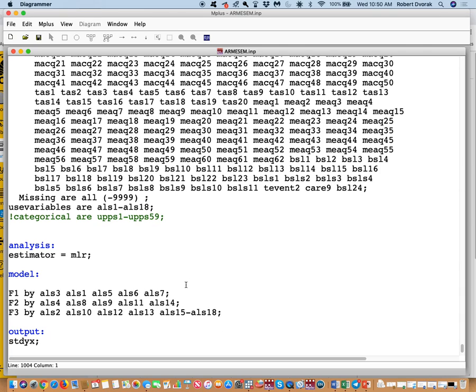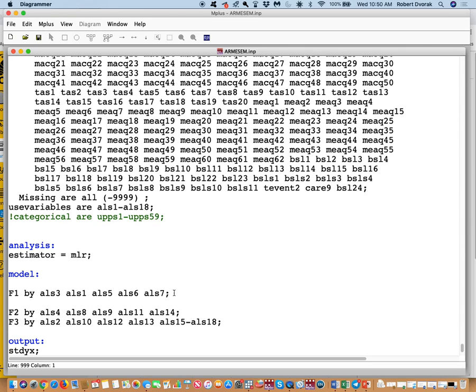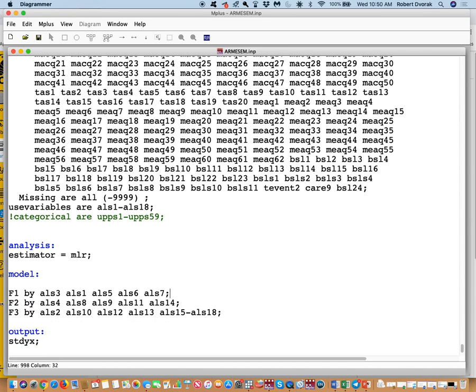Okay. Just FYI, you could actually go F1 at 1, and that would actually remove this as the scaling factor, and it would set F1 to be a standardized variable, and then it would be exactly the same as doing STDYX. Doesn't matter.